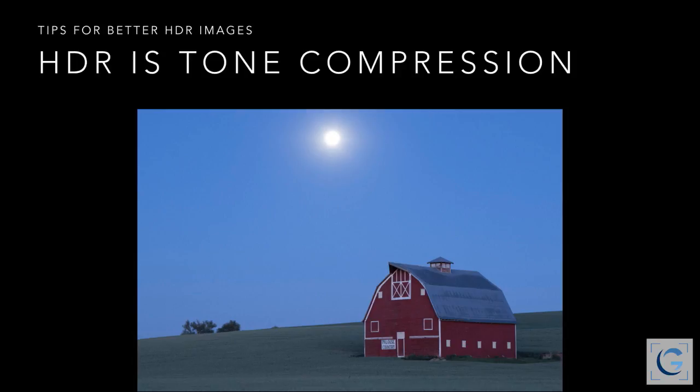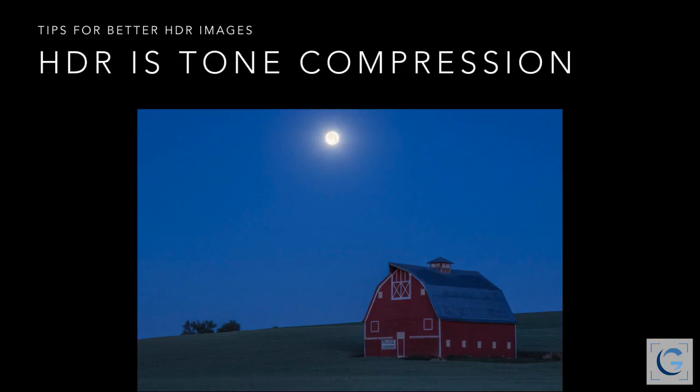We'll talk about the process there shortly, but we're capturing multiple exposures so that we can capture a full tonal range, and then we're compressing all of that information into a single photo. And so we might come up with something along these lines, for example, just a quick and dirty composite or an HDR. We've taken an exposure for the moon, we've taken an exposure for the barn, and we've blended them together. And that really, in a nutshell, is what HDR is all about.